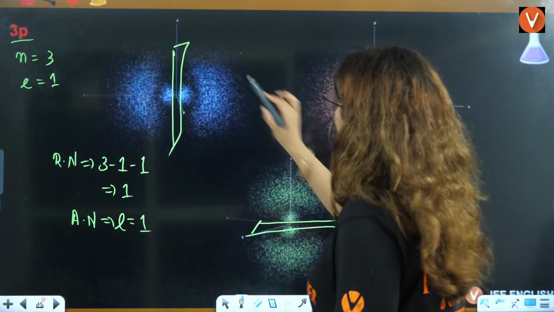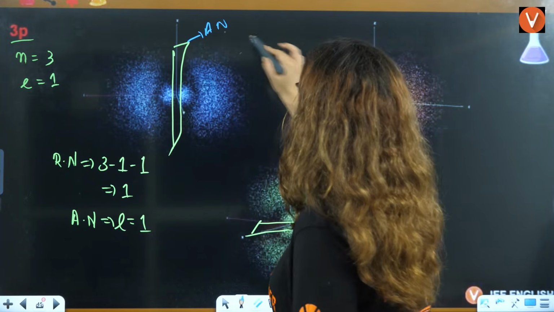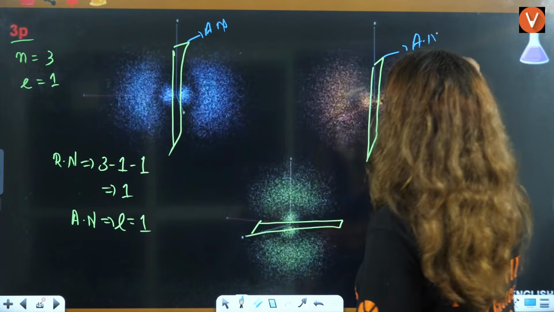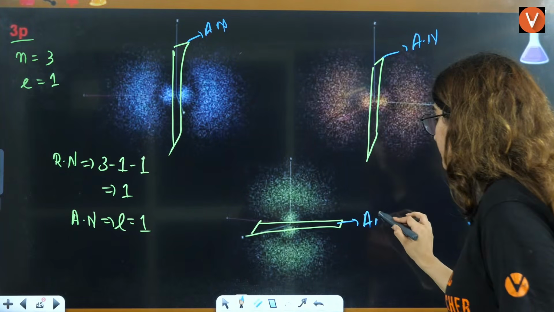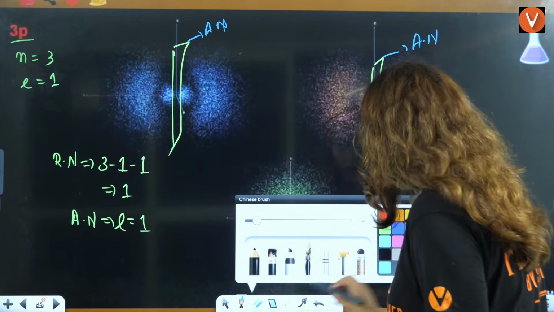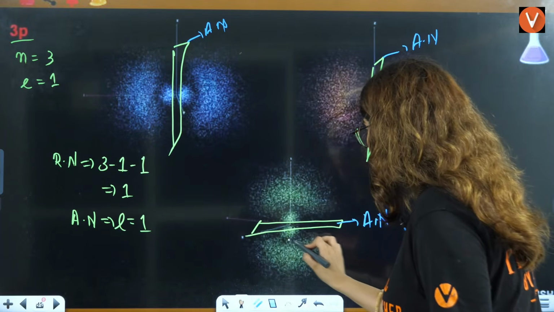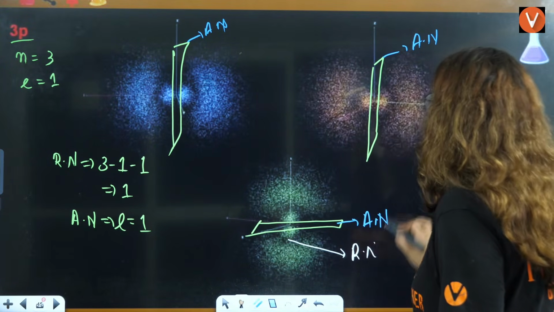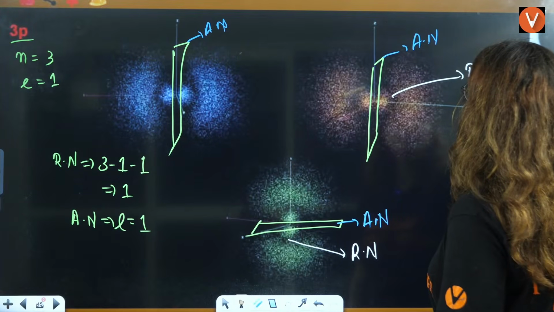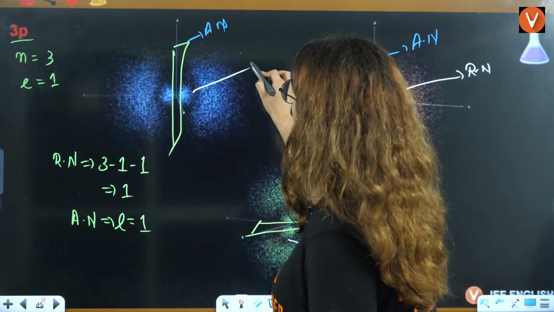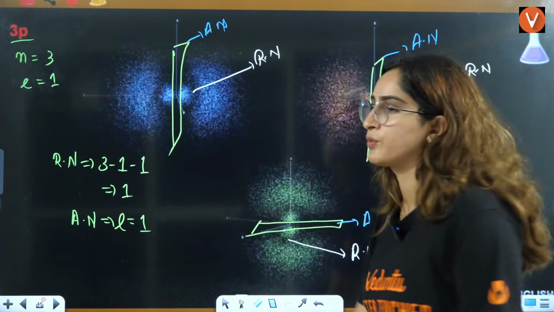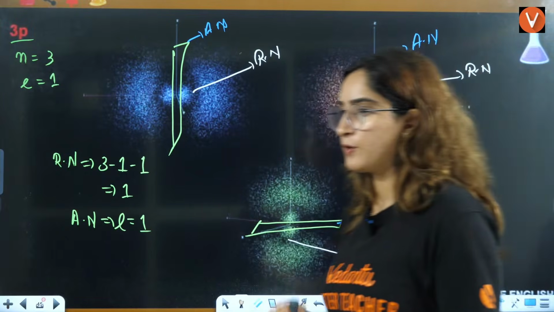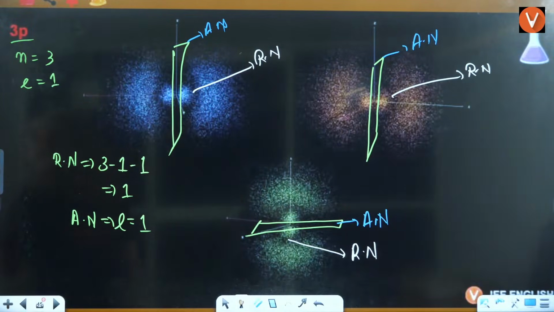But these are angular nodes. These are the planes. And this part is radial. Right? Okay. Yes, everybody.